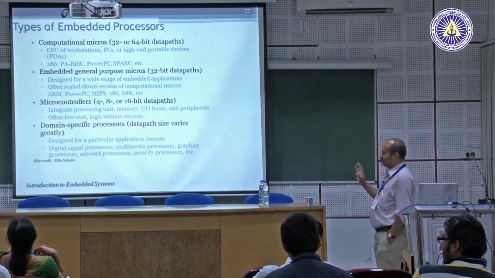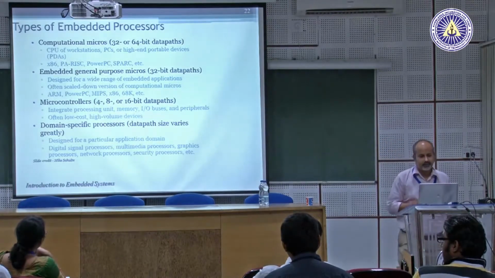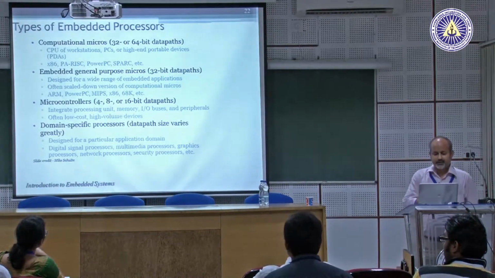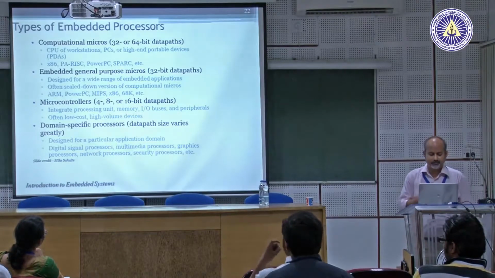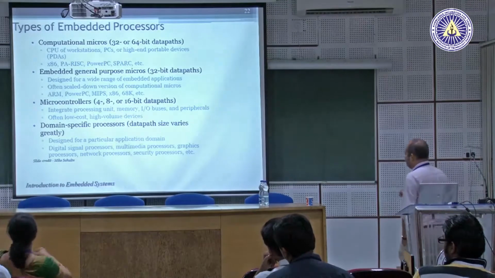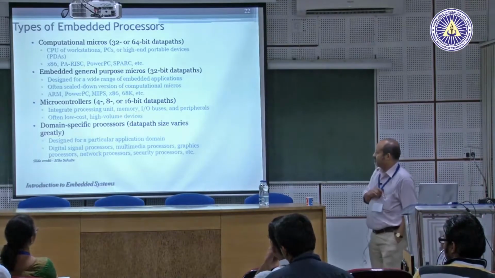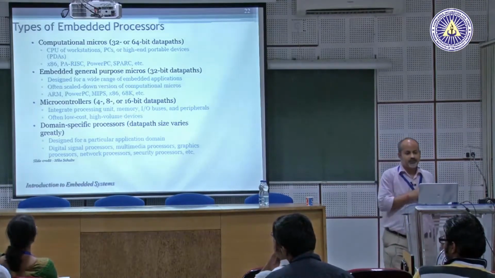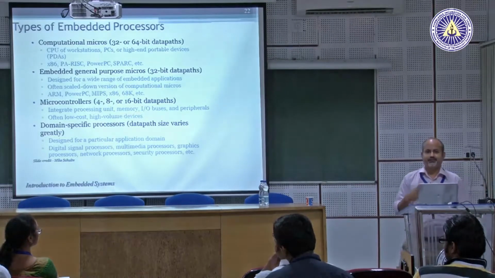The data path will vary based on the specific application you are going to use it for. Examples would be network processors, security processors, graphic processors, and so on. The security processor is a very new thing.